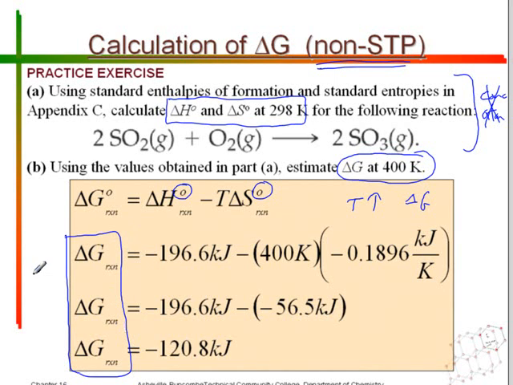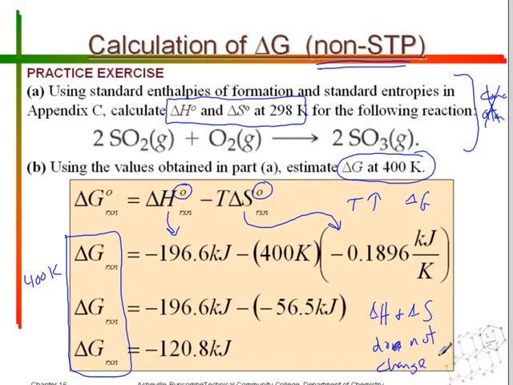The reason is that we're at non-standard conditions. We're at 400 Kelvin. But this value and that value are the values that we calculated for the standard condition. So we assume that delta H and delta S do not change significantly with temperature. And it's a fairly good approximation.